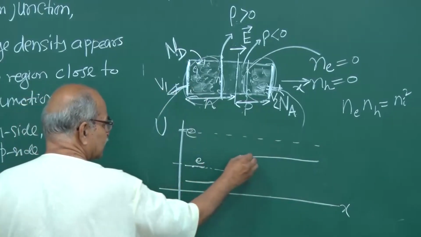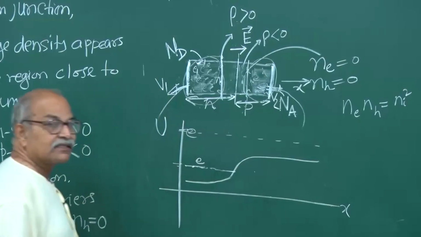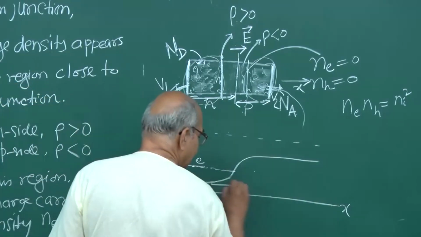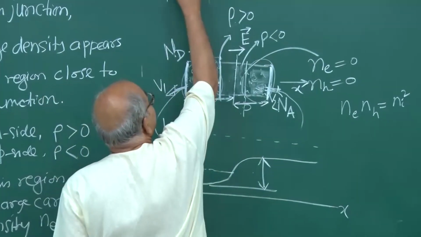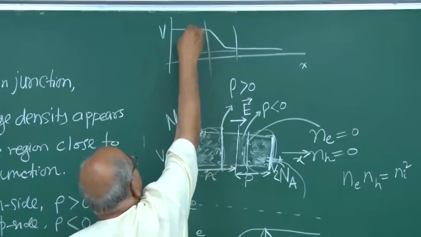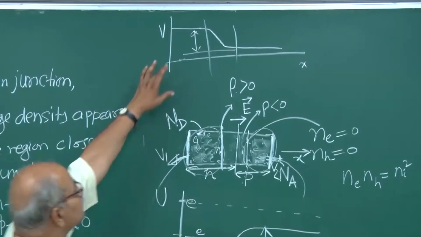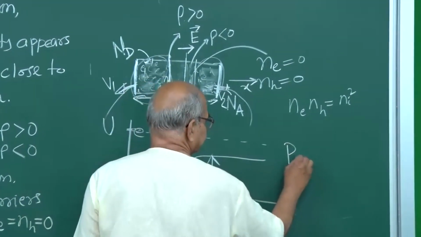But if the electron has this much energy, it cannot penetrate, at least classically. So this height, this difference, is the same as this difference; the units are different, this is voltage, this is energy. This difference is known as the potential barrier.